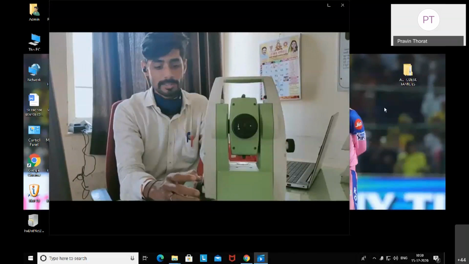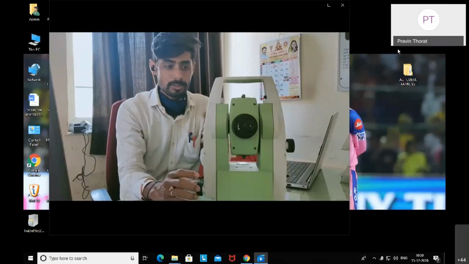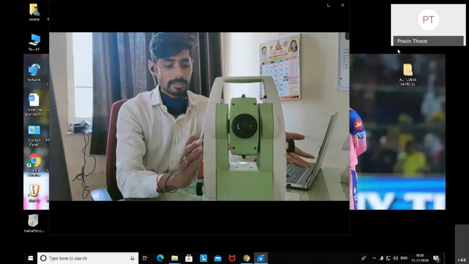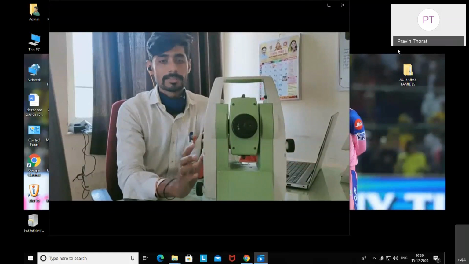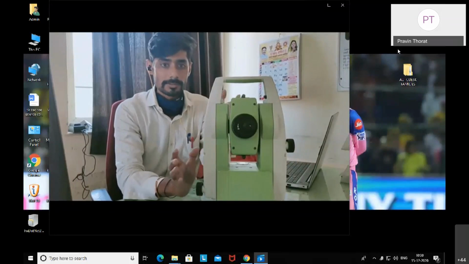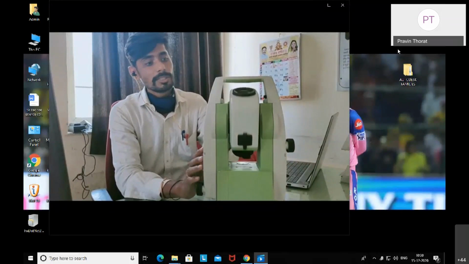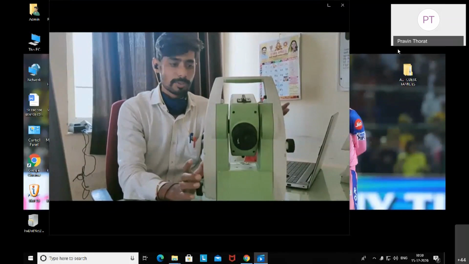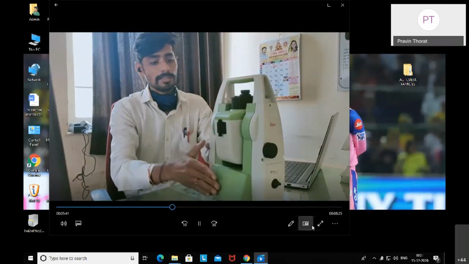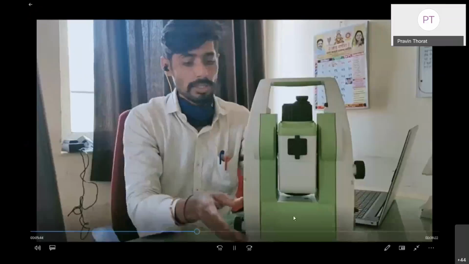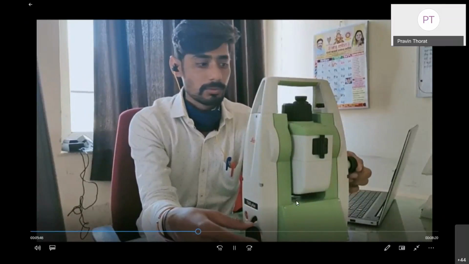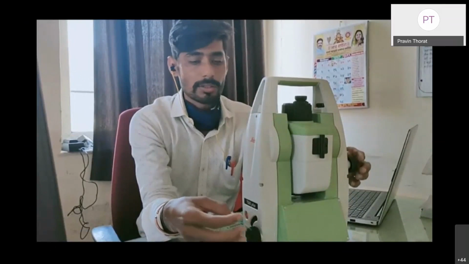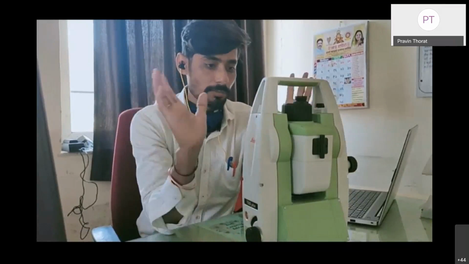This slow motion screw is useful to move the instrument about the vertical axis in a horizontal plane. In a theodolite, this is called swinging of the instrument, and the vertical movement is known as transiting of the telescope. These are the technical terms used for theodolites. So this is all about the slow motion screw, also called the tangential screw, provided for perfect bisection of the object.